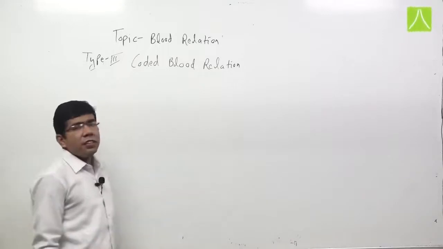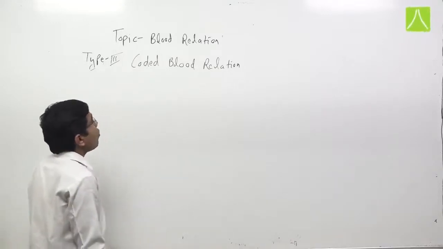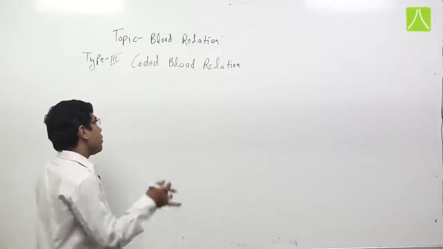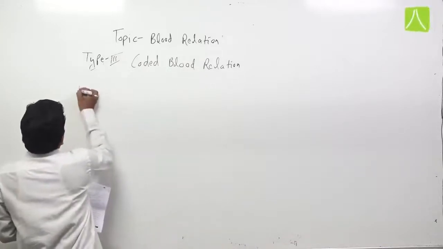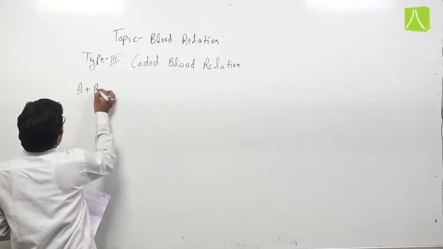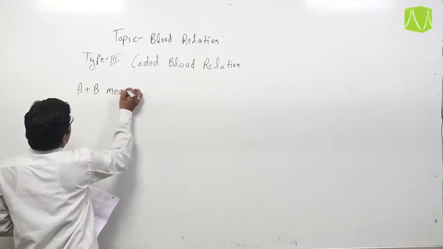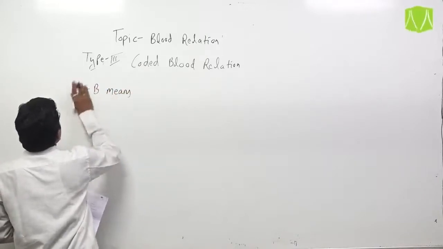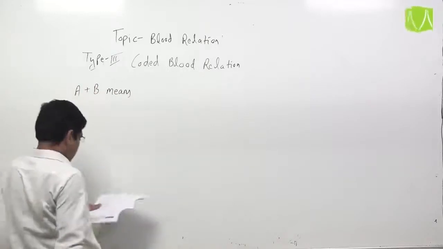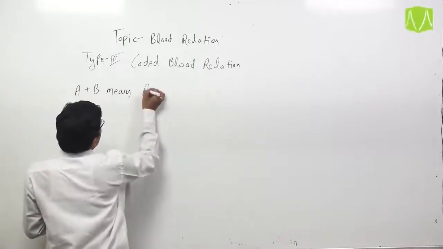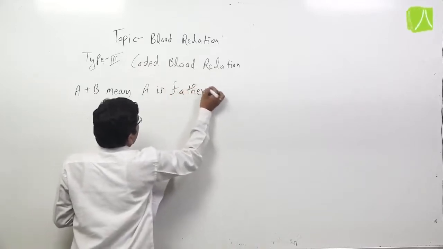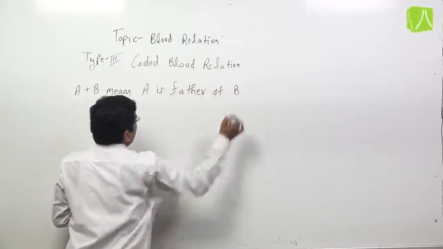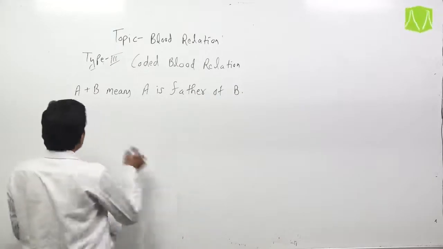But the relation is defined on the basis of the symbols. For example, here coding is given: A plus B means A is father of B.